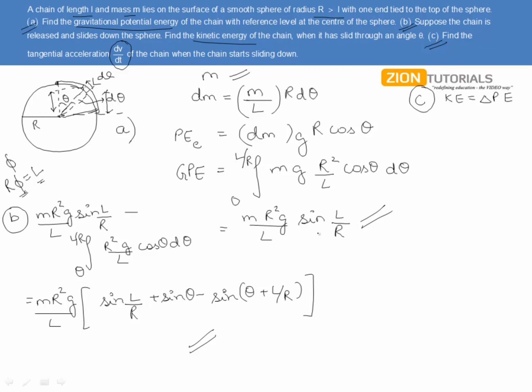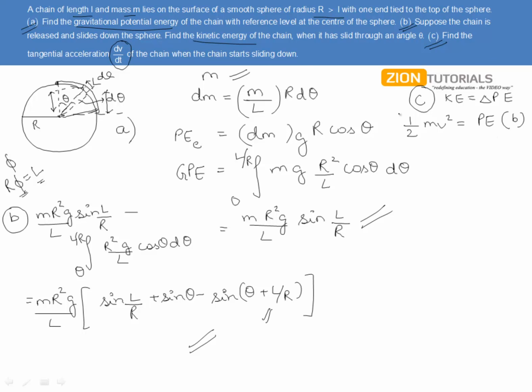The potential energy we have found out in the second part for any generalized theta. And what will be the kinetic energy? It will be half m v square. So we can simply write it down as half m v square equal to the potential energy that has been found in the part B, right?